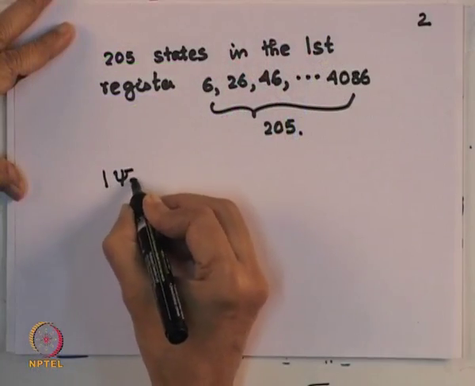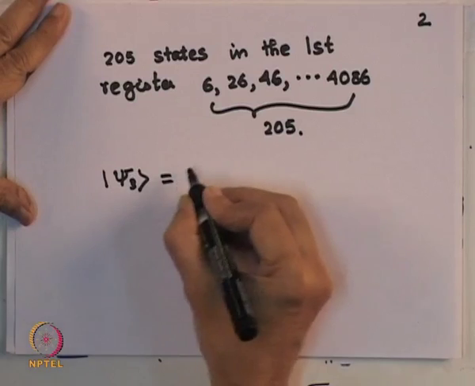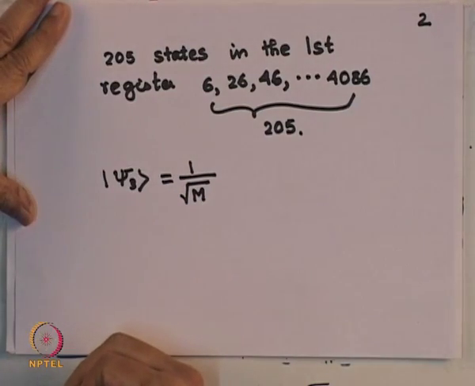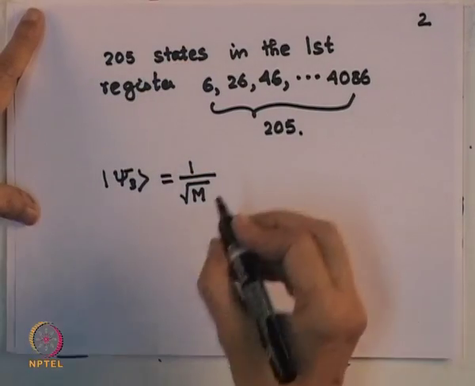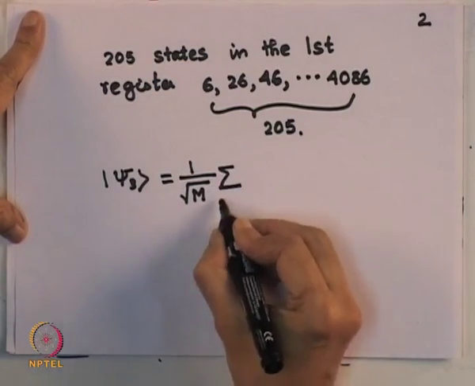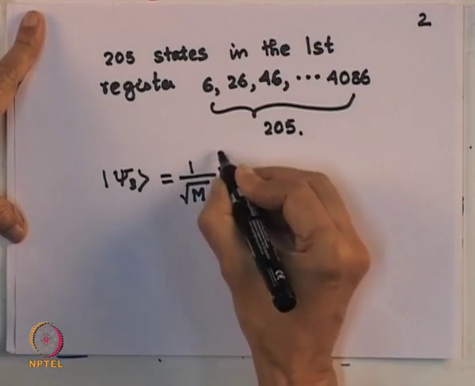So formally the state psi 3 was shown to be equal to 1 over square root of m, where m is the number of states which give you this result, which in this case is 205, sum over d equal to 0 to m minus 1.